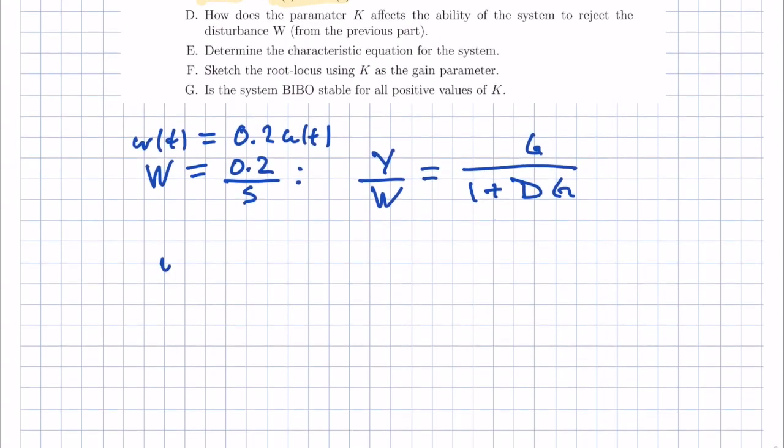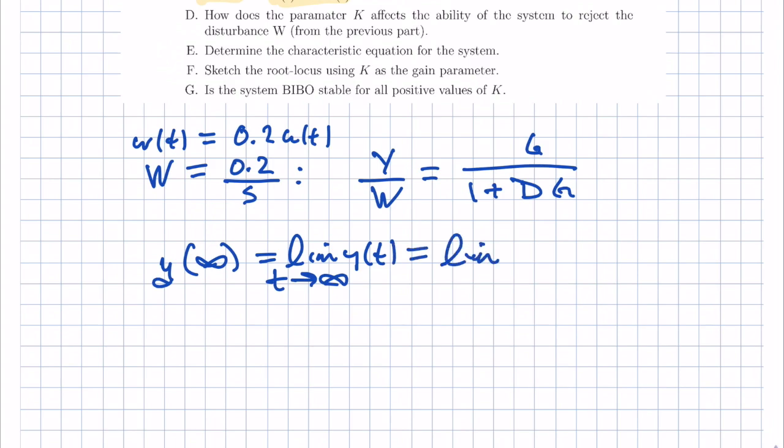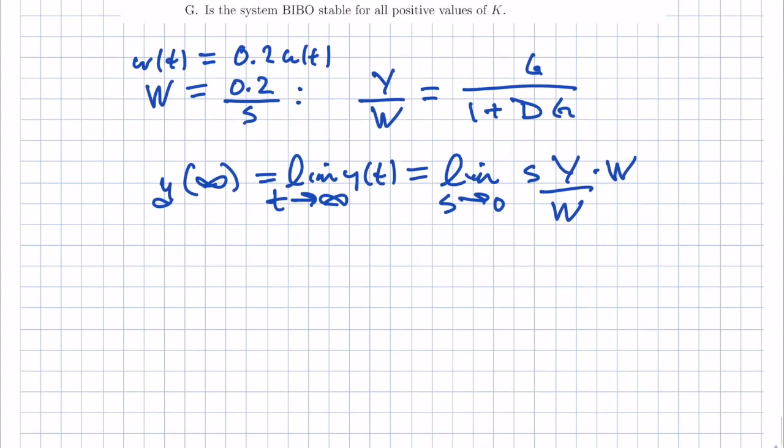All right, so to get y of infinity, which is the limit as t goes to infinity of y of t, we can use the final value theorem. And so we take the transfer function y over w and we multiply by w.